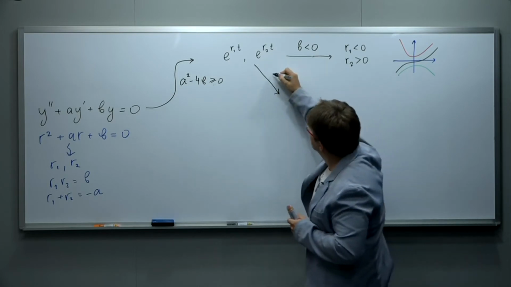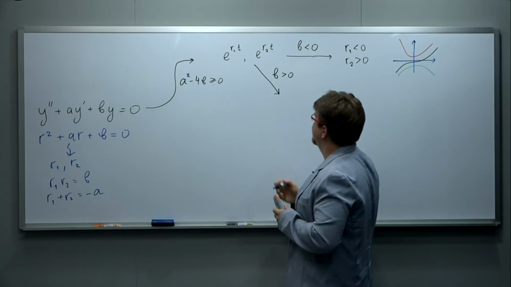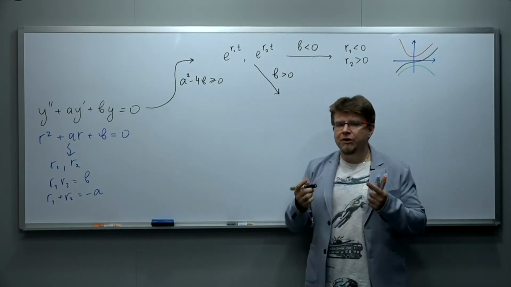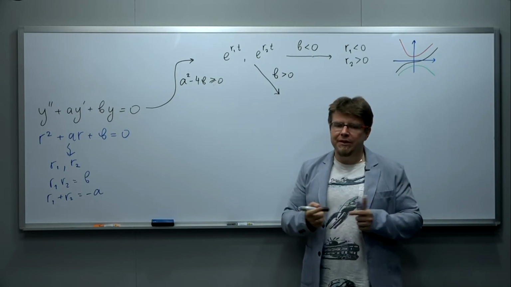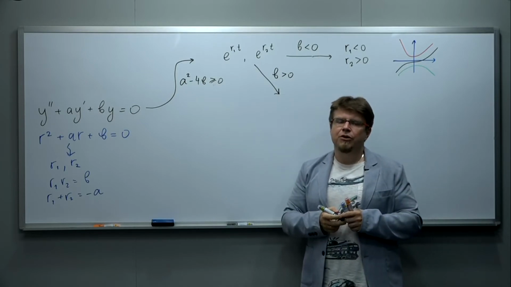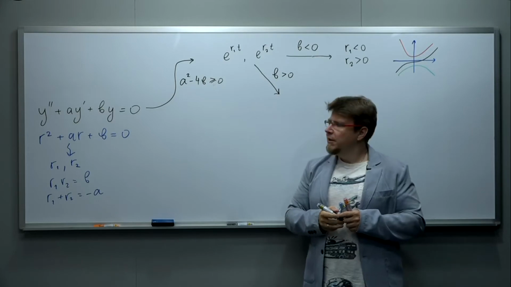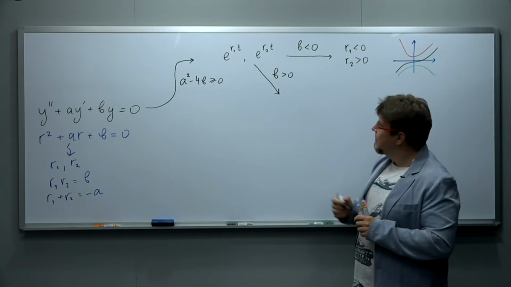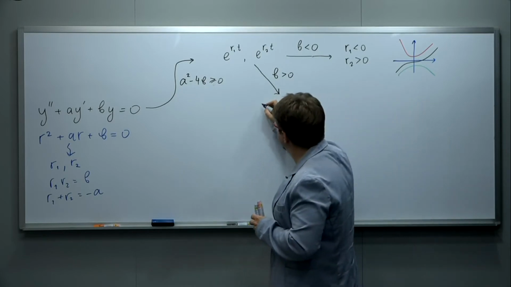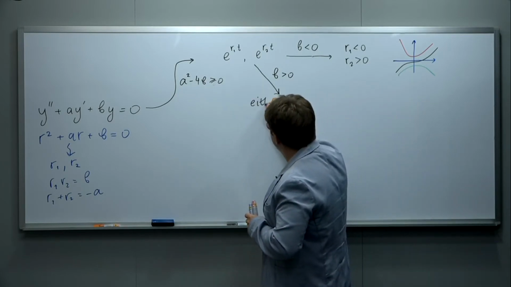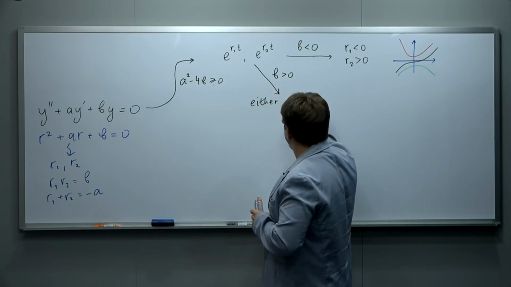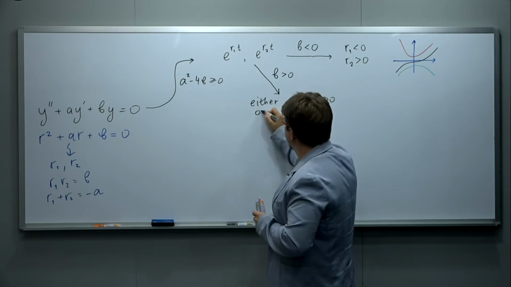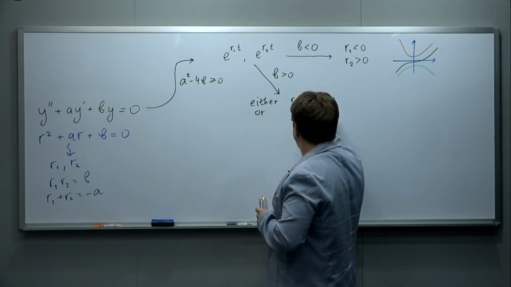Or b could be positive. If b is positive, it means that the roots are both of the same sign, so either r1 is positive and r2 is positive, or r1 is negative and r2 is negative.